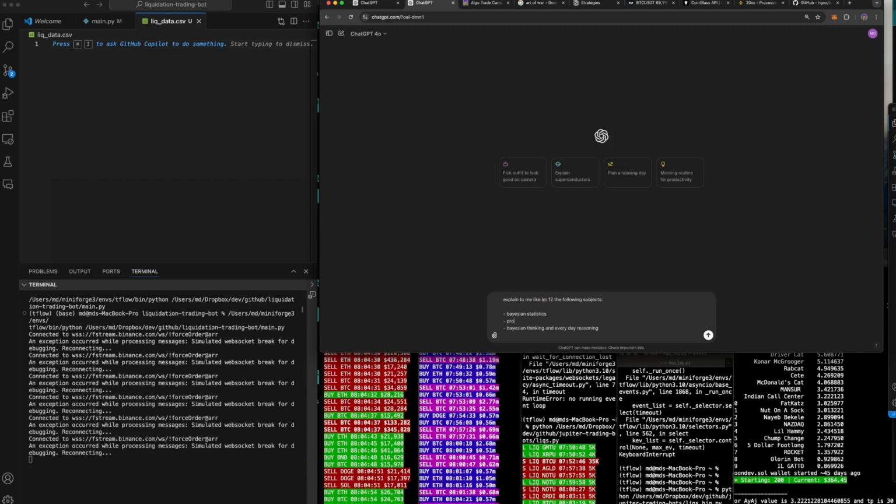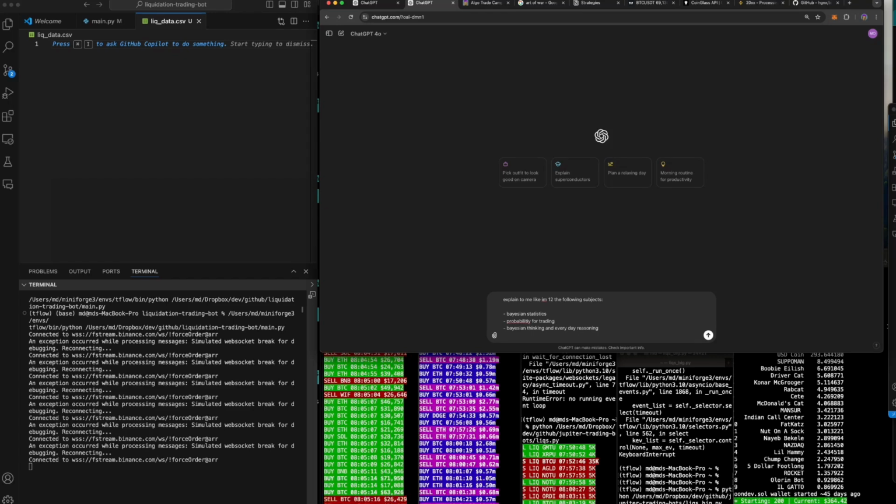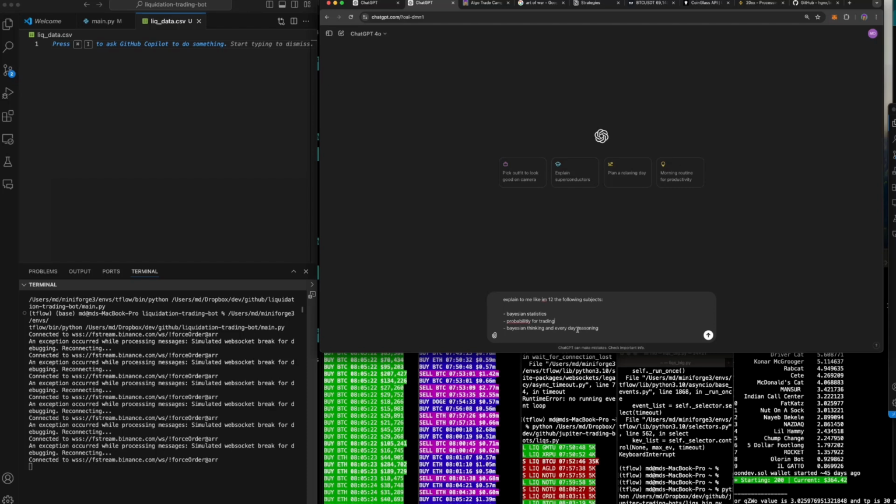Intro, probability for trading, measuring certainty.